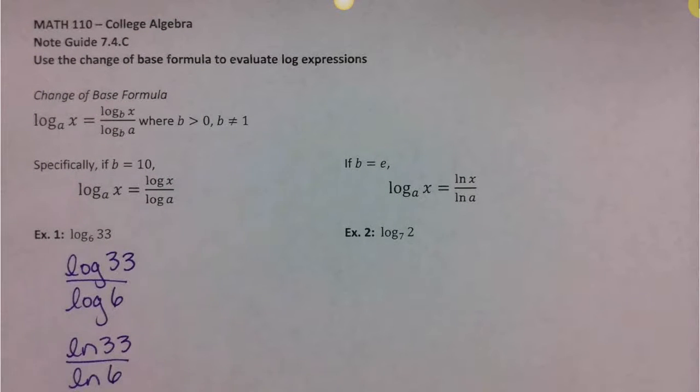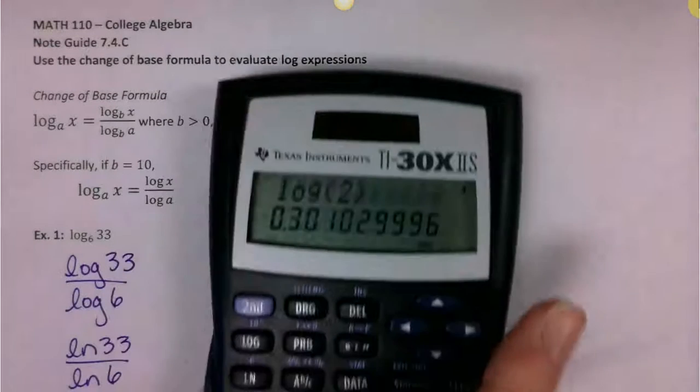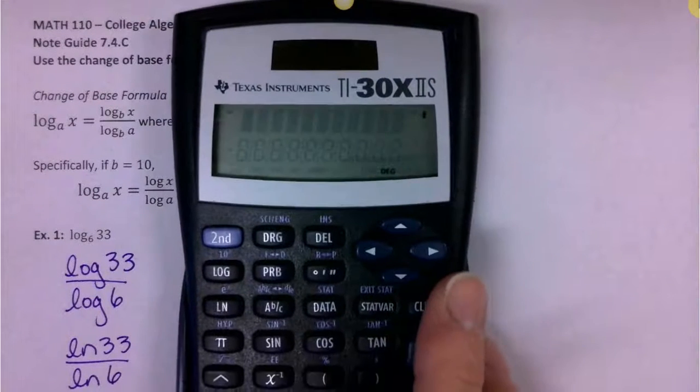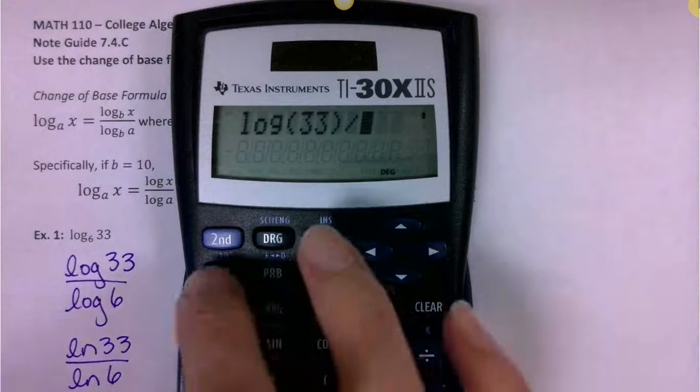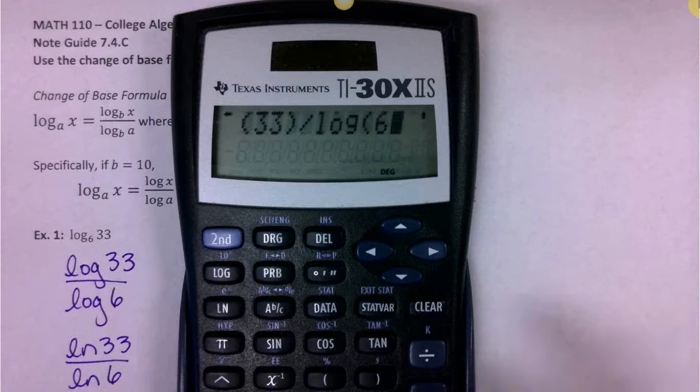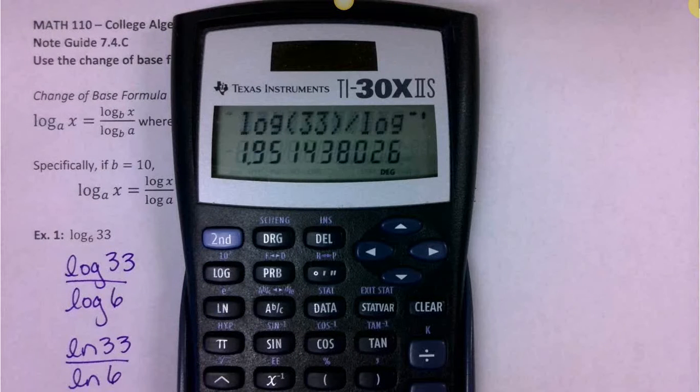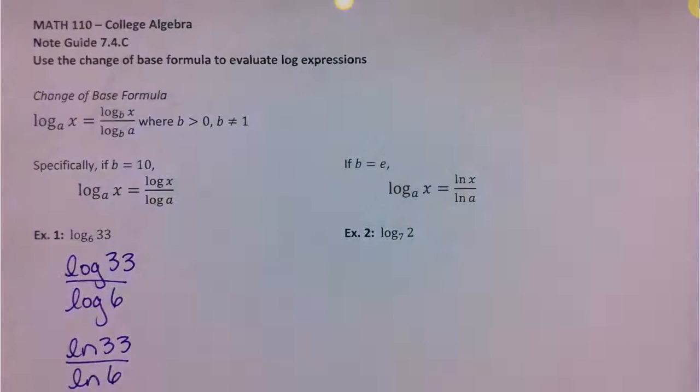So to plug it into our calculator, we're going to hit the log button, 33, close parentheses, divided by LOG of 6, again close parentheses, and we can see that we get approximately 1.95.